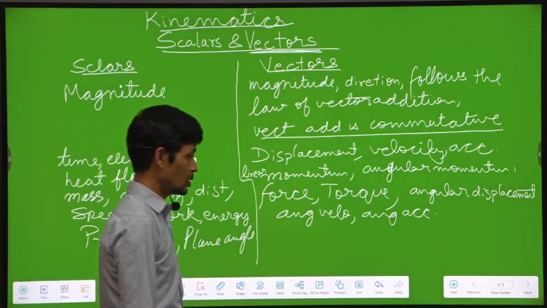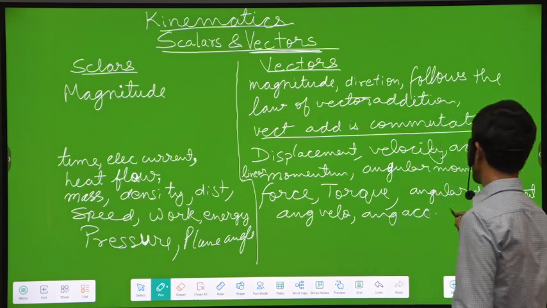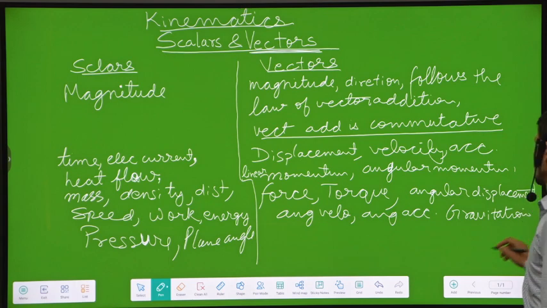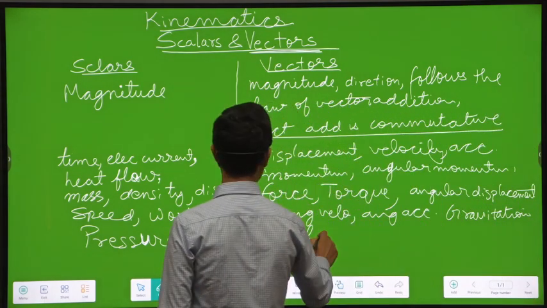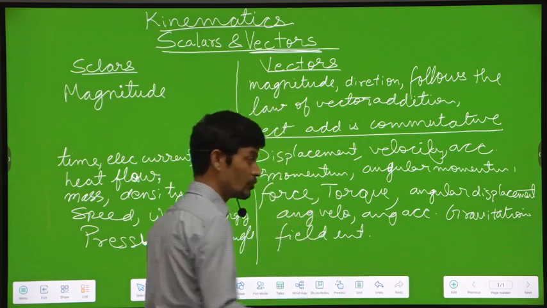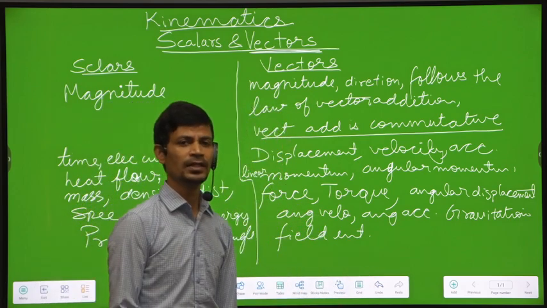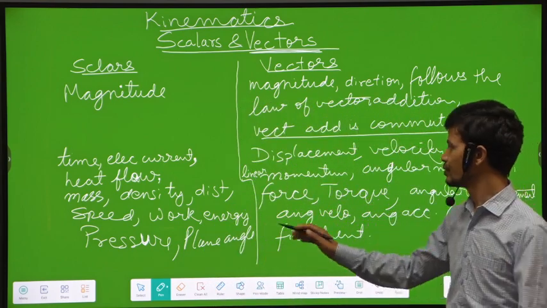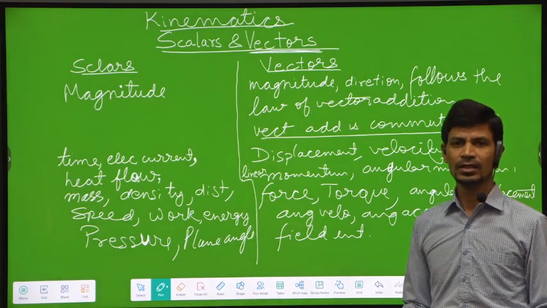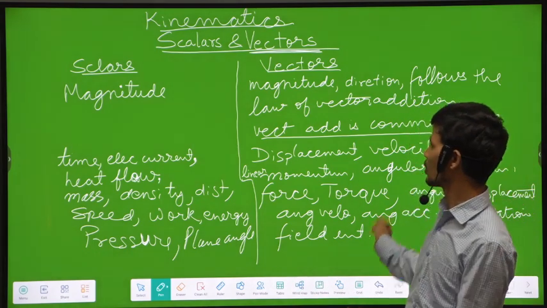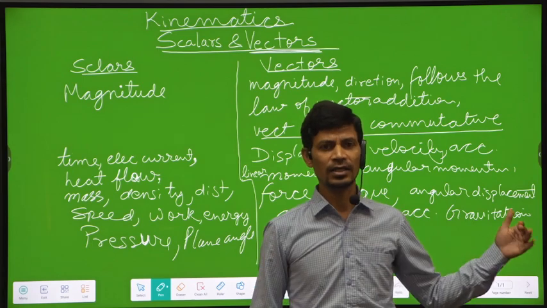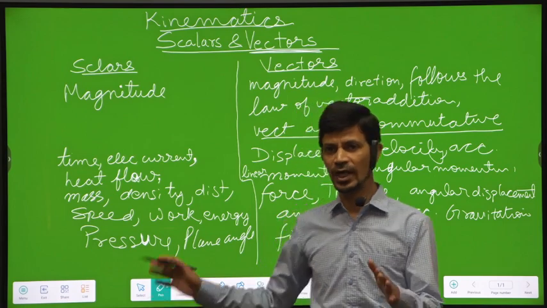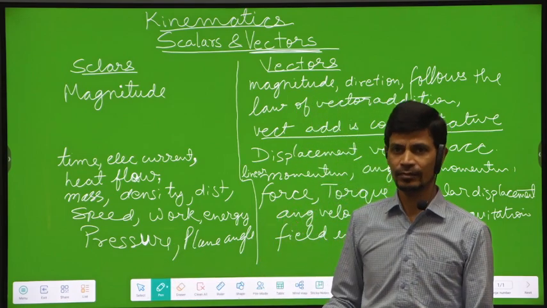Later on, you will come to know about gravitational field intensity, electric field intensity, magnetic field intensity. All of these have direction. So these quantities are called vectors, and again its list is also long, and right now I am just ending this list here.